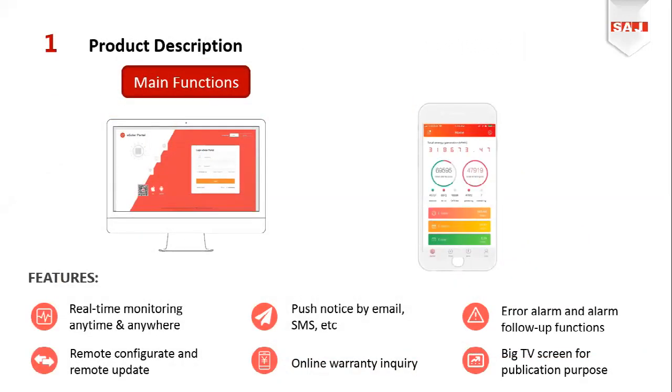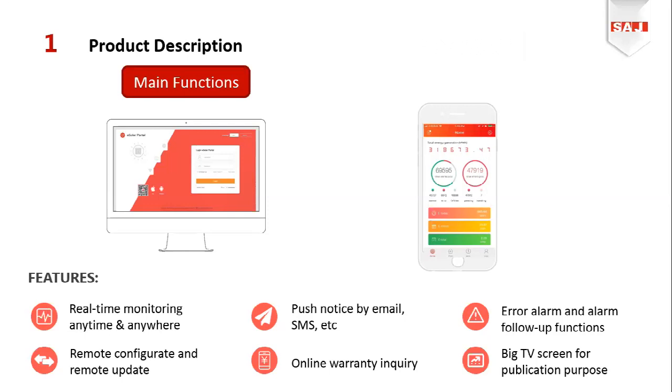Okay, here is a simple description of our applications, eSolar OM and eSolar Air. Real-time monitoring anytime, anywhere, and push notice by email, SMS. Push notice by email means if the plants have an error or an alarm, then the server will push the email or SMS to your front end, informing you there is something wrong with your plant.